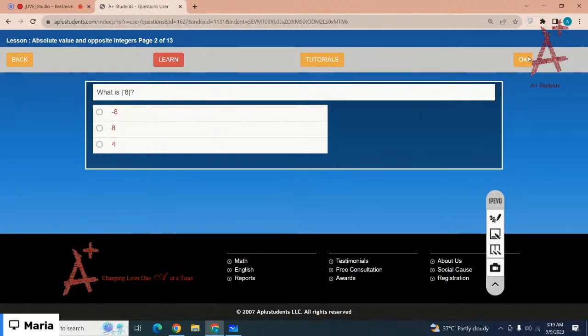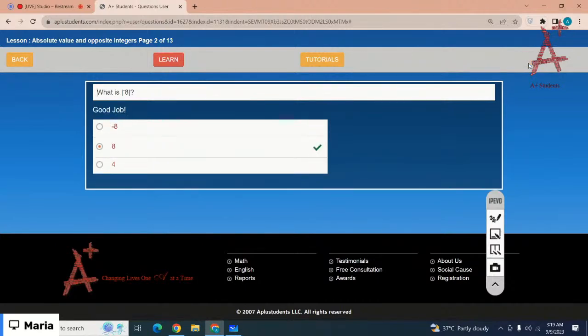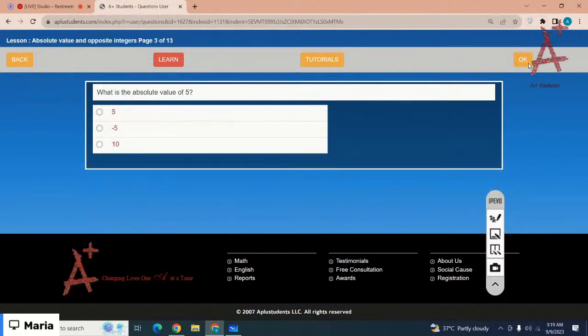Okay, what is the absolute value of negative 8? Which is the correct option? That would be positive 8. Very good, because no negative signs in the absolute value, right? What is the absolute value of 5? So which is the correct option? 5 is already a positive number, right?